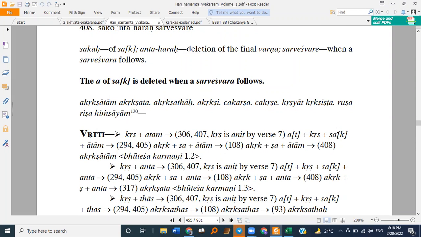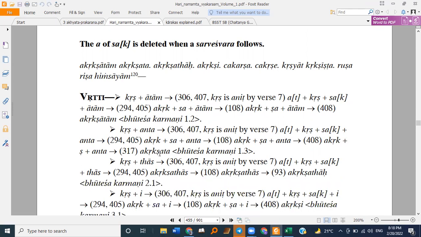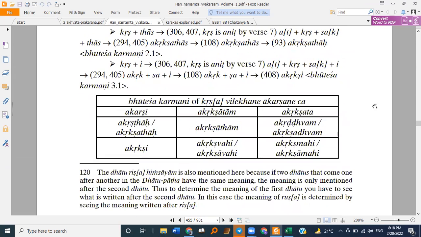So by this sutra, we delete the a of sak here when any Sarveshwara is following. So Sako Antahara Sarveshwari. So we delete a of sa and we get Akrikshatam. Akrikshatam. Yeah, that's all. This is Atmapada forms.